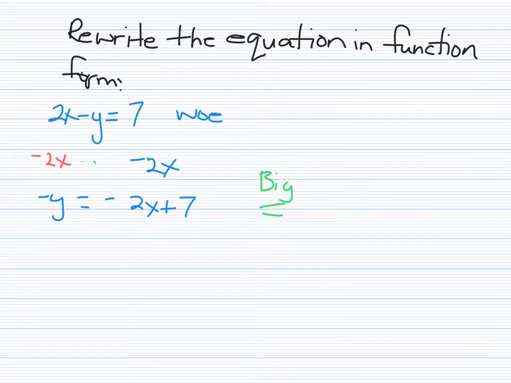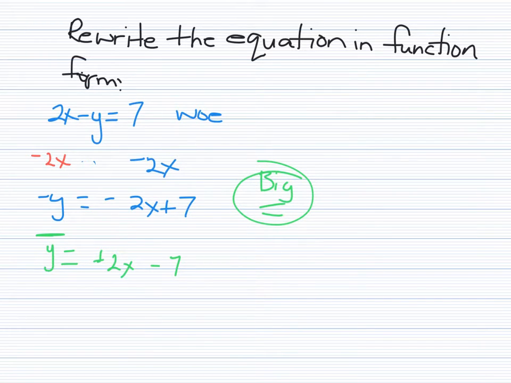Now we're going to do something that I think is kind of big, because we don't want y to be negative. If we make y positive, then the opposite of y is the opposite of each term on the right side. So I change all my terms on this side. You need to remember that to get rid of this negative, we take the opposite of everything.